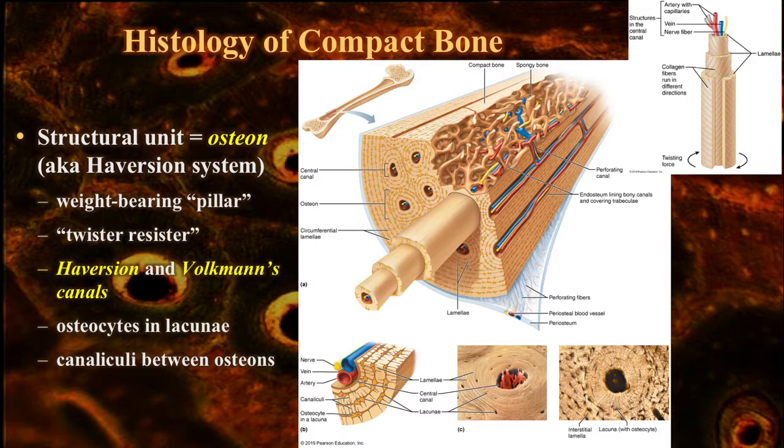Inside of the osteon, you have a Haversian canal or the central canal. Okay, so this is also called a central canal. What runs through that central canal? Right here in the middle.